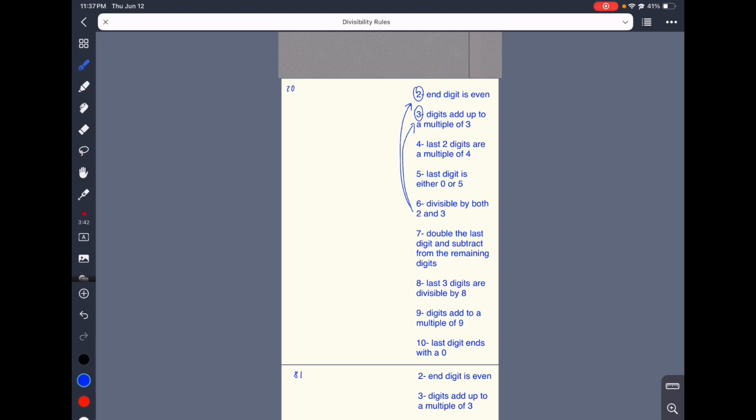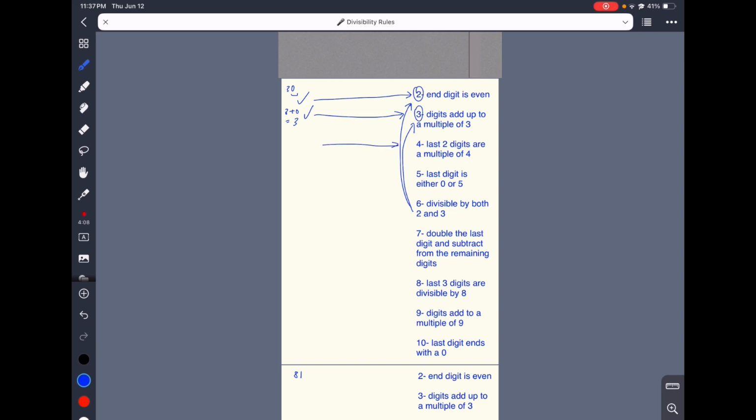Let's first start with 30. So when we want to look at the criteria for number 2, we see that the last digit is 0, meaning that it is even, so it is divisible by 2. Let's see if the digits add up to a multiple of 3. So 3 plus 0 equals 3, which is a multiple of 3, so this is true.